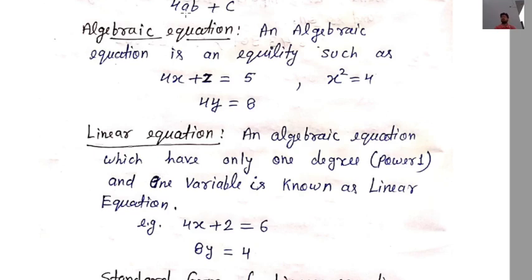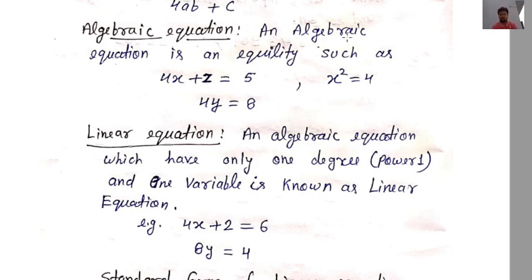Now we are talking about algebraic equation. I hope you understand algebraic expression. Now algebraic equation. If an algebraic expression has something equal to it, then it is said to be an algebraic equation. Okay.